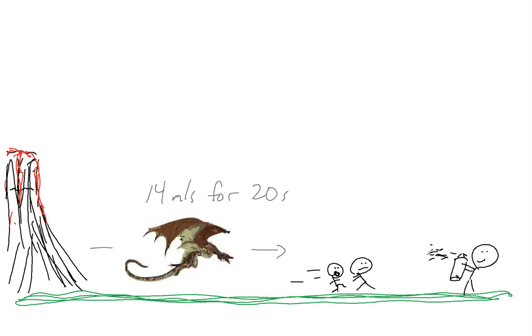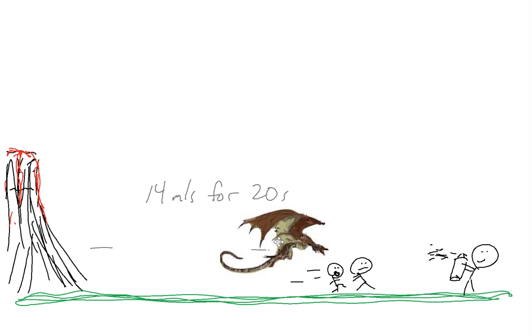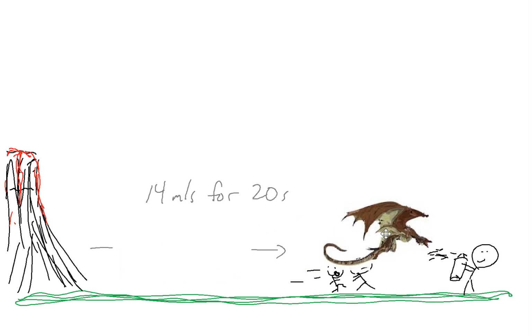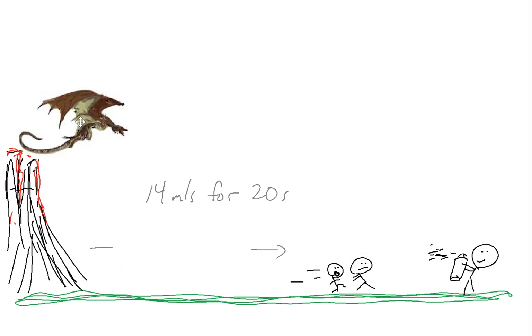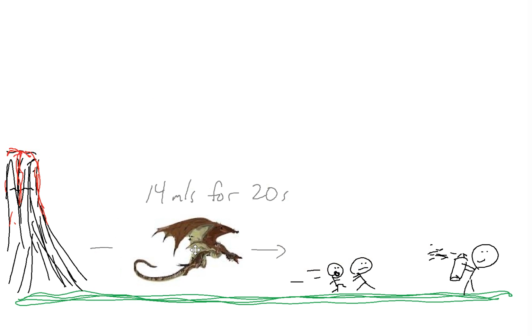So he's got his anti-dragon spray. So the dragon is going to come along here, 14 meters per second for 20 seconds, going to get scared off by the anti-dragon spray, and then go back to the top of his volcano mountain thingy back over there.